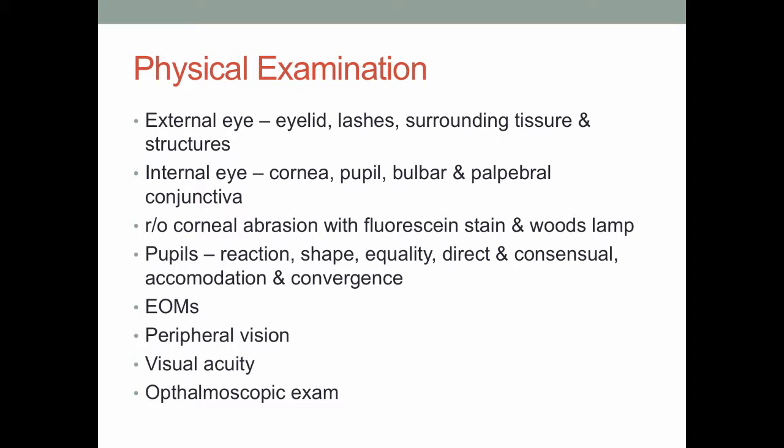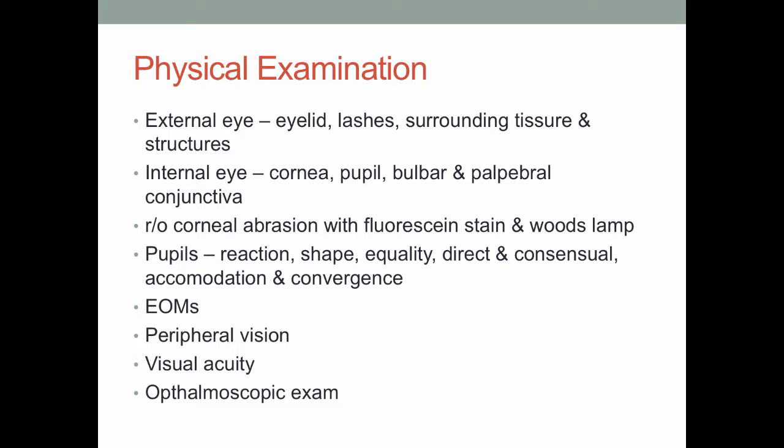And his bulbar, it's hard to tell if it's the conjunctiva that are red or if it's underneath the conjunctiva. His eye is red, but the palpebral conjunctiva are clear. And then we did rule out a corneal abrasion with a fluorescein stain in the Woods lamp.